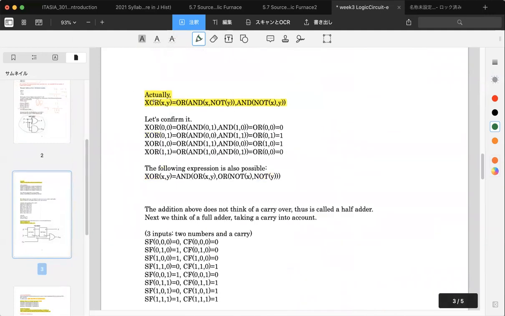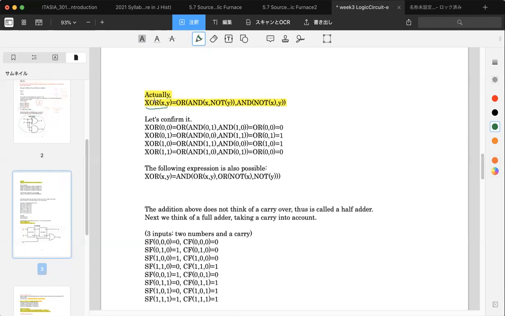Okay. So maybe next we can just see this thing. So here, this expression just means that you can actually express the XOR function by using the OR function, AND function, and NOT function. So it means that these two things are the same.